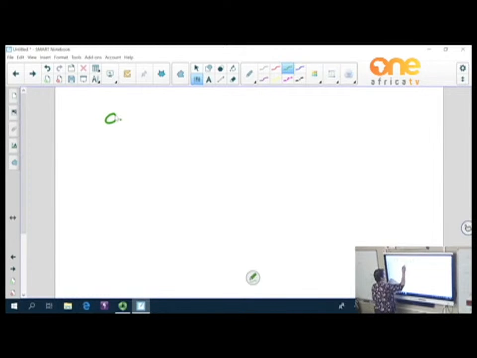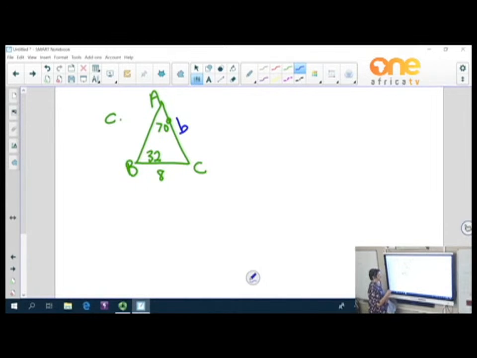In triangle ABC, so I draw the picture so that I can see which one is which one. Now they say the small letter A is 8. Angle A is 70 degrees, and angle B is 32 degrees. And we have to find B, which is now this one, the small letter opposite the angle.